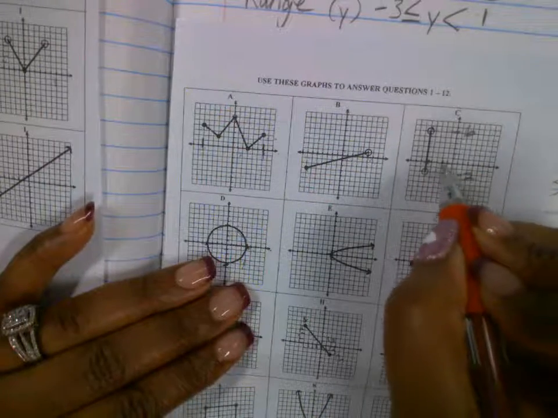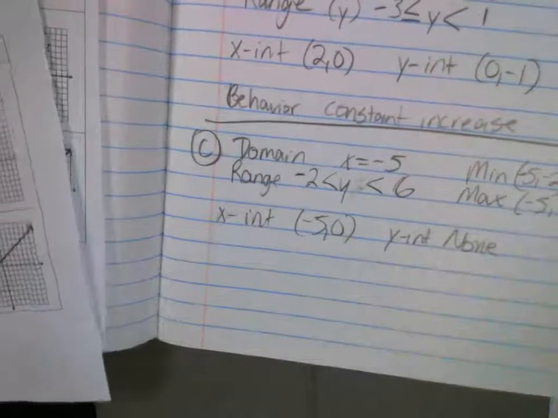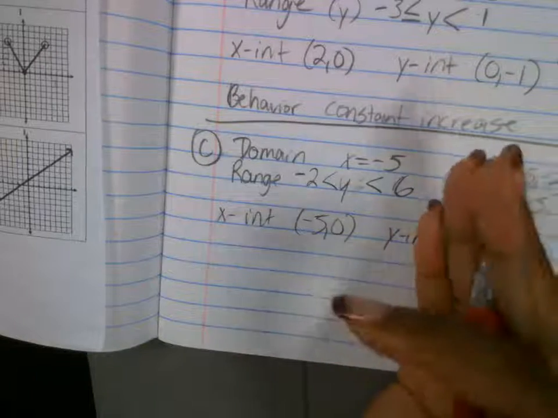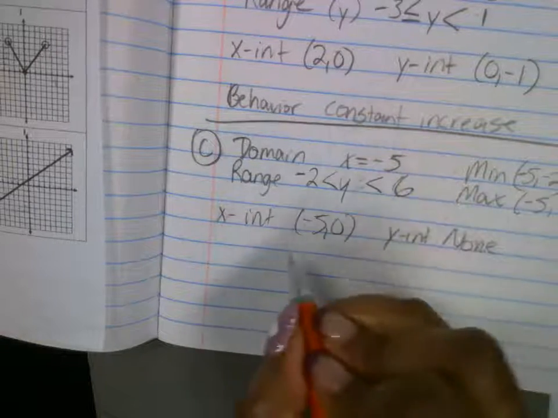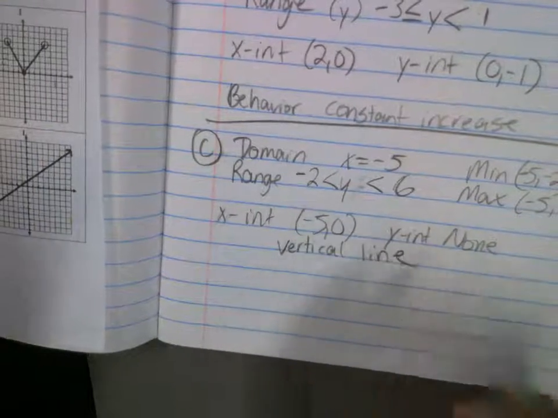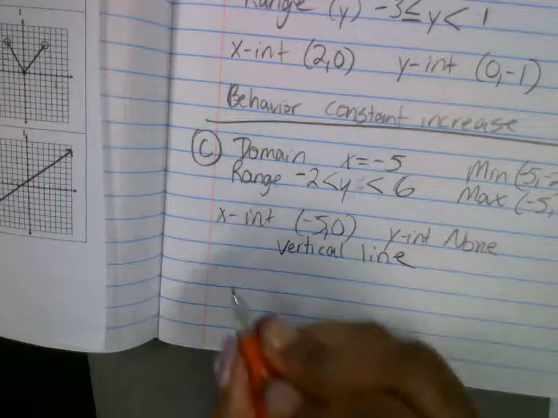That is negative 5 and positive 6. And the behavior here, there really isn't a behavior. You can say that this is a vertical line, but there's really no behavior. It didn't go anywhere.